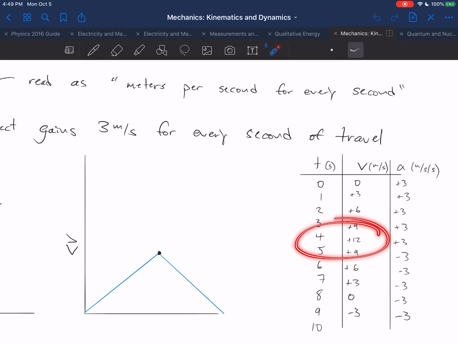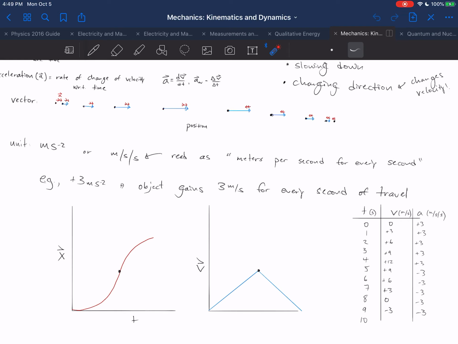So we started out at 12, and we are losing 3 meters per second of velocity for every second that we are traveling. And in fact, if this continues to this point right here, then at t equals 8 seconds, that velocity strikes 0 and then becomes negative. And so t equals 8 seconds would be a case where the object in question turns around.